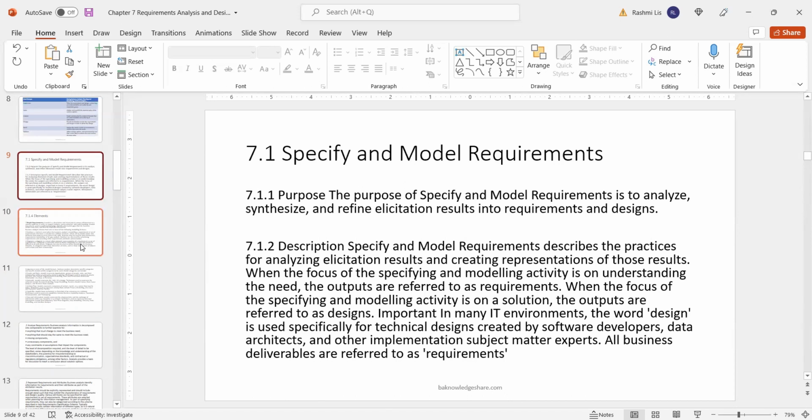The reason she's doing this is so that she can have a useful representation of those requirements. She's able to analyze, synthesize, and refine those elicitation results, so that she can use that to understand gaps, as well as to present the requirements.